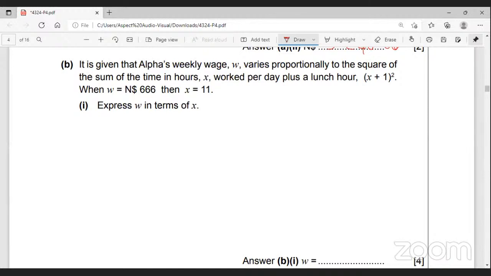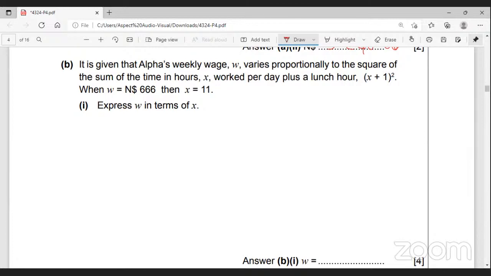If you properly understand English, you would have it as W is directly proportional to open bracket X plus 1 close bracket square. That's the correct one because there we say W varies proportionally to, then it starts to explain the right hand side of that thing.